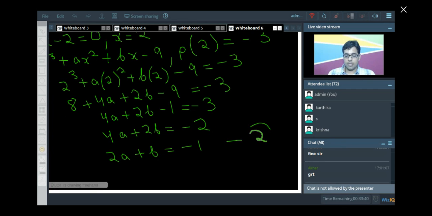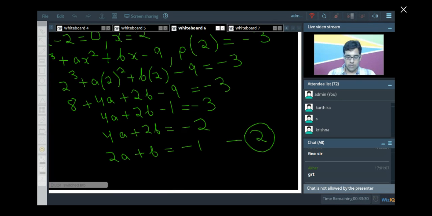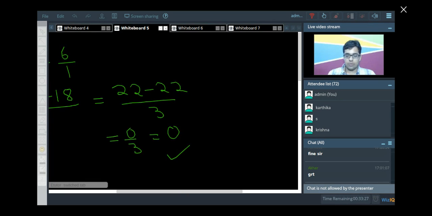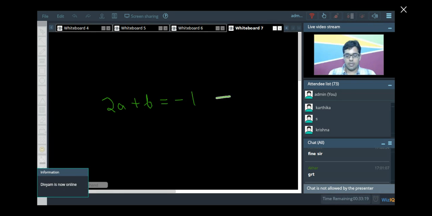That becomes equation number 2. So we can write this here: equation number 2 is 2a plus b equals minus 1.